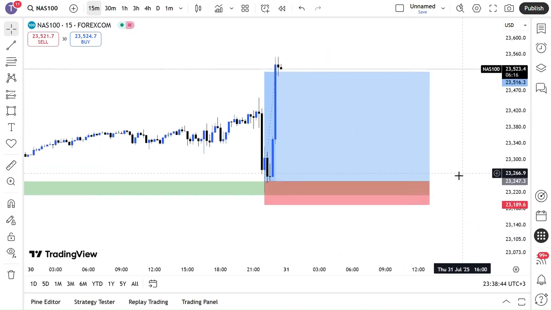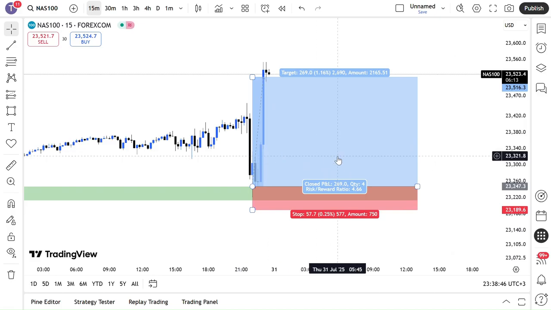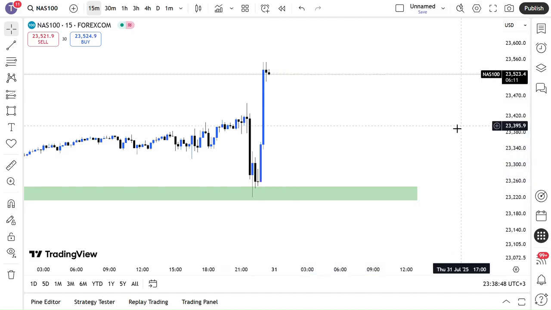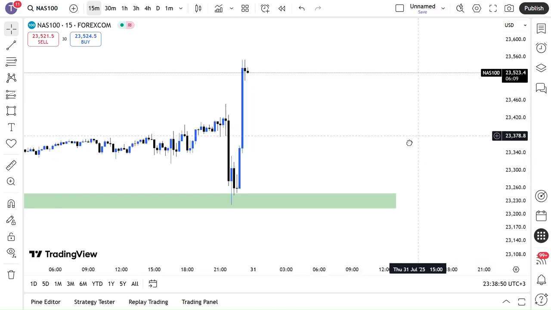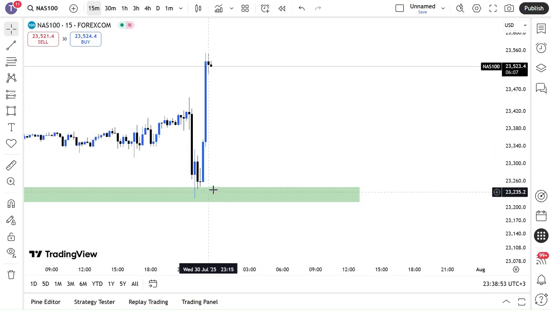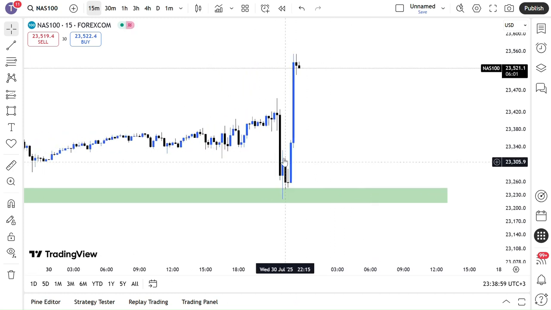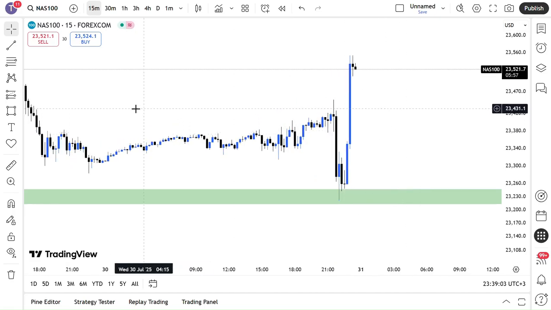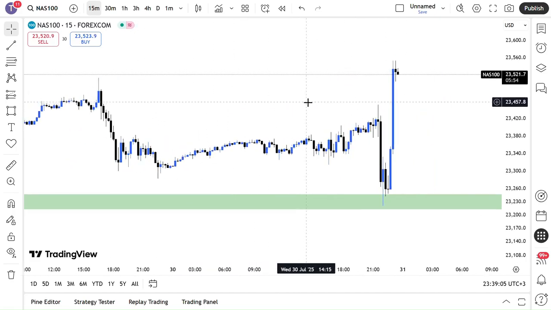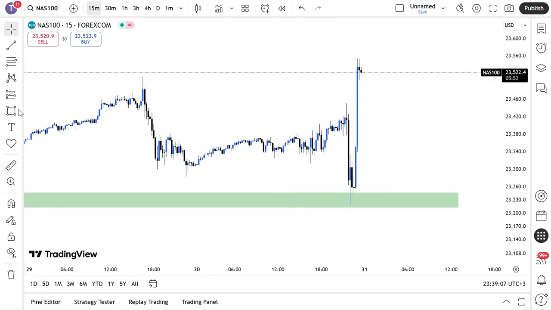Just see these two candles that formed inside here in the 15 minutes time frame. The price tapped into the zone, and immediately you can see the reaction with just two candles of the 15 minutes time frame. The price has gone just up to my take profit.